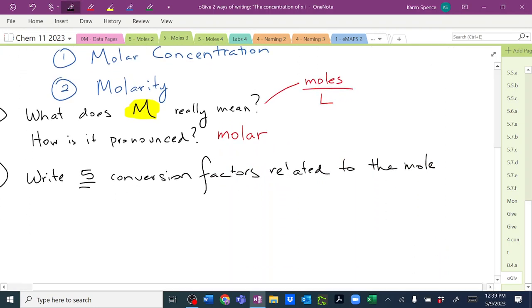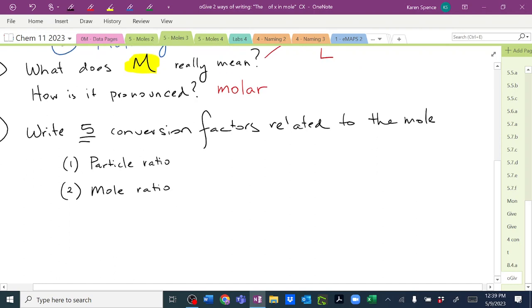All right, what are our 5 conversion factors related to the mole? What's one of them? The particle ratio. A second one, mole ratio. A third one, molar mass.